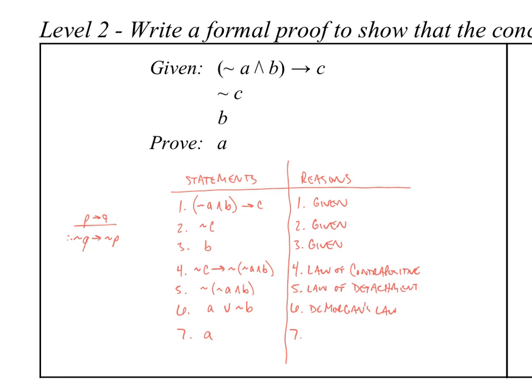And the reason here is because of the law of disjunctive inference. If I have a disjunction and I'm told that one element of that disjunction is false, then the other element must be true. All right, and that does it. Tomorrow we will do some proofs involving all of our different laws together.